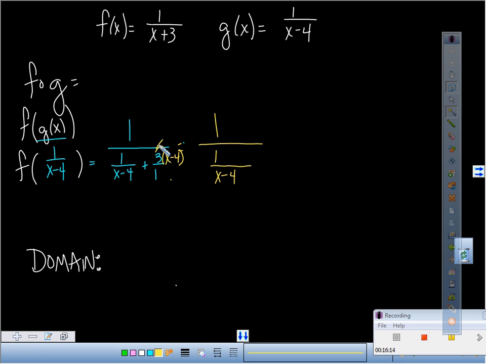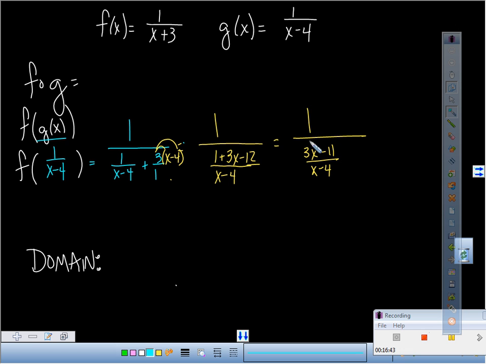Now, be careful right here, because I saw a lot of mistakes. It's plus 3x minus 12. I've seen people write 4 right there quite a bit today, okay? Any like terms? Yeah, so this is 3x. What's a 1 and a minus 12? All right. Now, here you can invert and multiply, or you can just think about this.